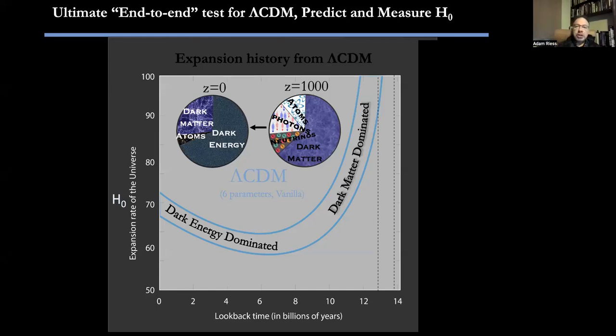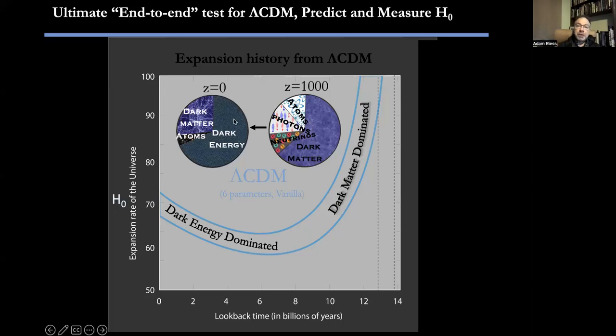So just to give you a little more detail on what I'm talking about, generically, LambdaCDM, the model, as illustrated here, starts out with the universe dominated by dark matter, neutrinos, photons, and atoms at very high redshifts in the early universe. And over time, as the matter dilutes, atoms, photons, neutrinos dilute, dark energy doesn't dilute very much.